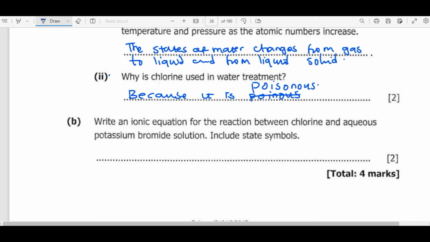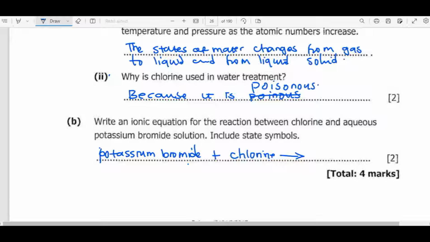So first, let's write our word equation. We'll begin with the word equation, so potassium bromide plus chlorine. The first step is we need to check if this reaction will take place.